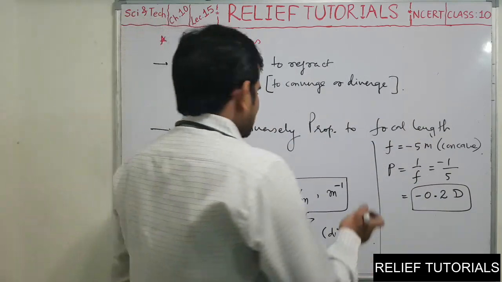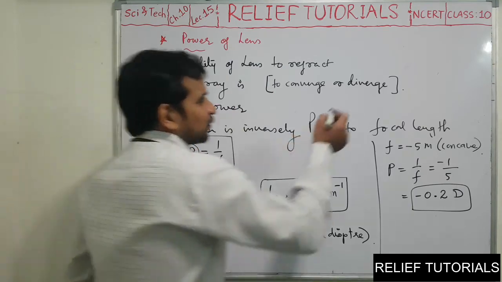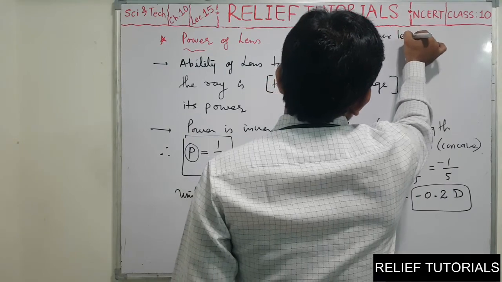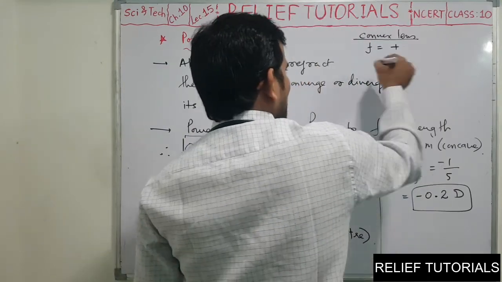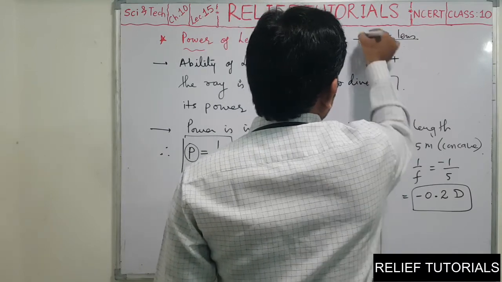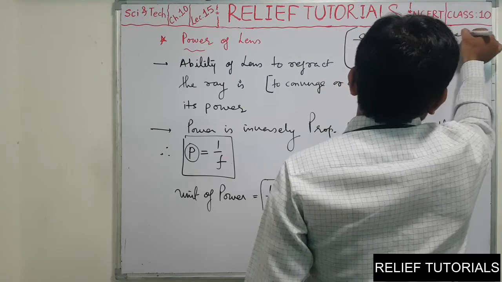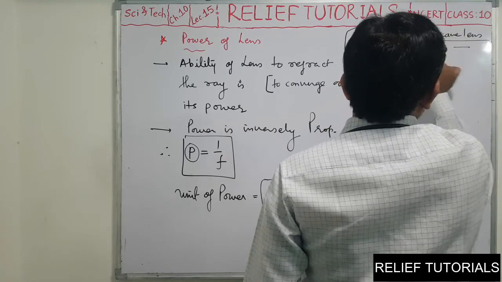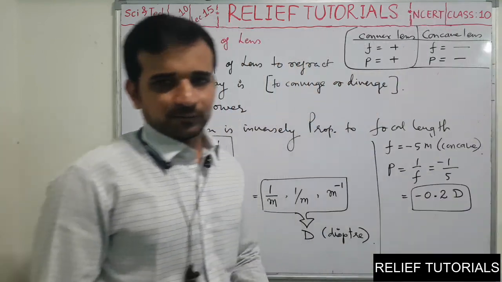So as we know, the power always depends on focal length. In a convex lens focal length is always positive, so its power is also positive. And in a concave lens focal length is always negative, so its power is also negative.